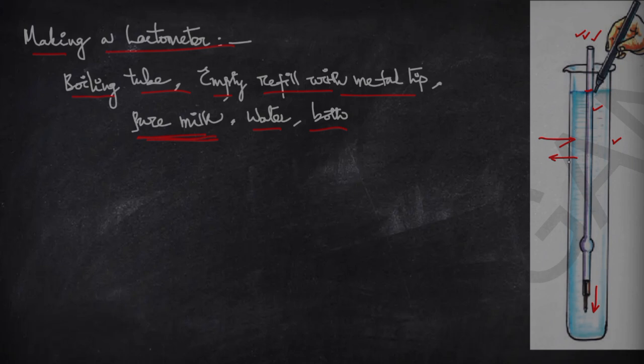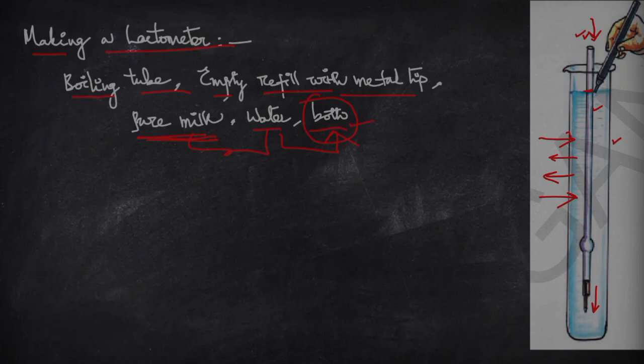Now, take out the water from the boiling tube and combine milk and water. That liquid, which is the combination of both milk and water, should be taken into the boiling tube and we have to keep the refill again and mark up to which level it sinks in this liquid.